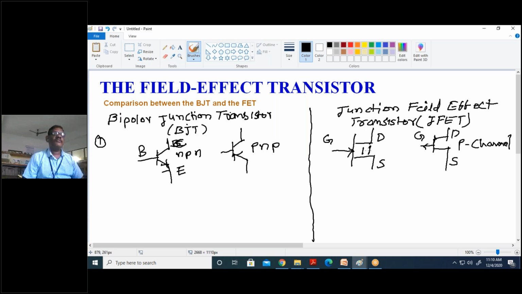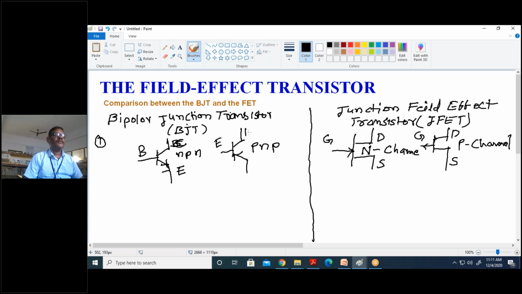In the other, the substrate material is N-type material, so this FET is called N channel. These are the 2 differences with respect to equivalent symbols. The terminals in the BJT are emitter, base, collector.